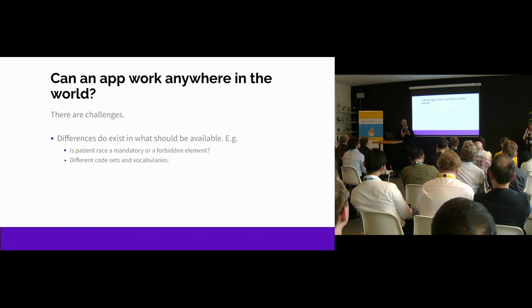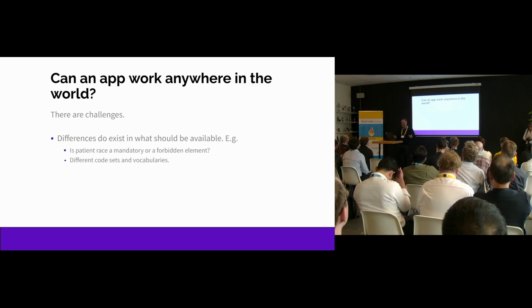Now I just want to give some of our intended goals with the IPA project. The big picture question is, can an app actually work anywhere in the world? Is that really a goal that's possible to achieve? Quite frankly, there are real challenges to that. Differences do legitimately exist in what kind of data is available. In some locales, you'll see race as a mandatory element in health IT interoperability.